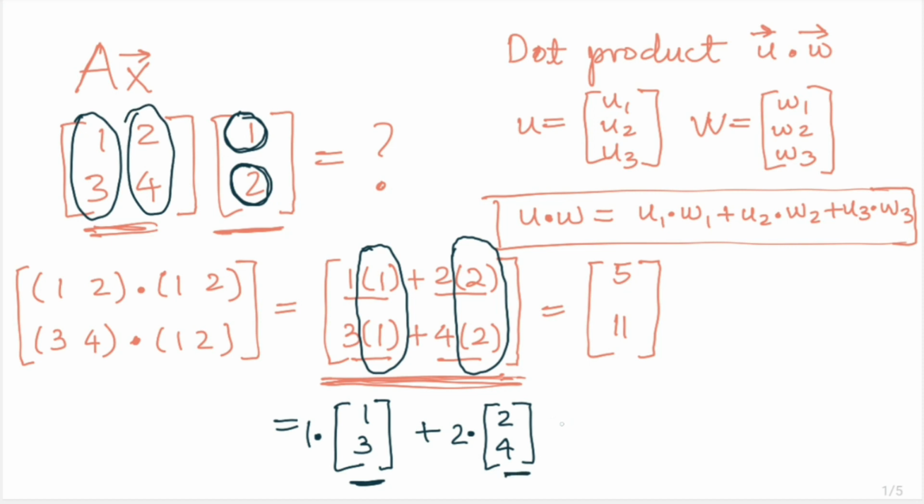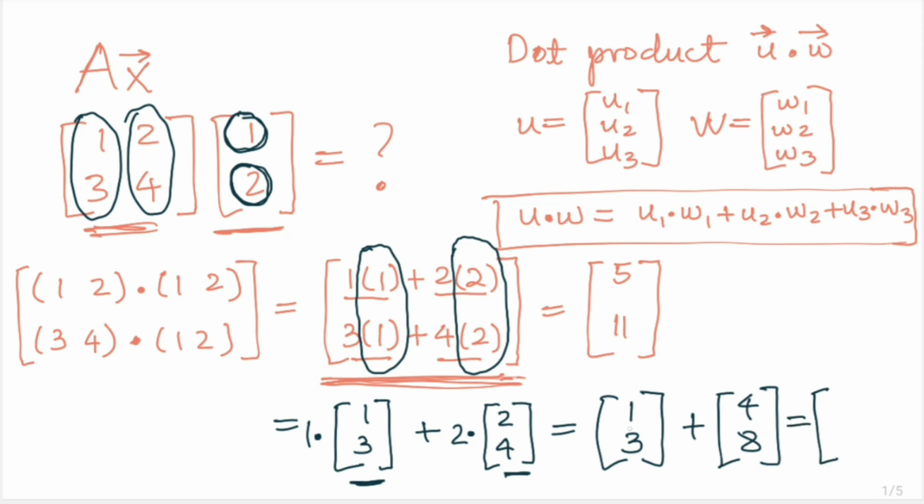That is interesting. Multiplying a vector by a scalar, or a number, is just the same as multiplying every entry of the vector by that number. So multiplying this 2, 4 by 2, we get 4, 8, and adding the 1, 3, we get 5, 11, like we got before.